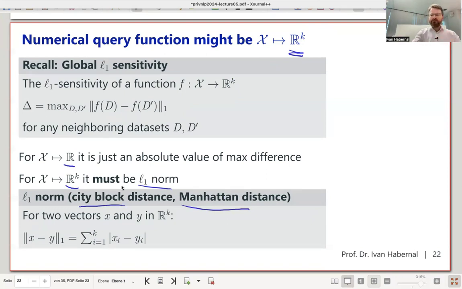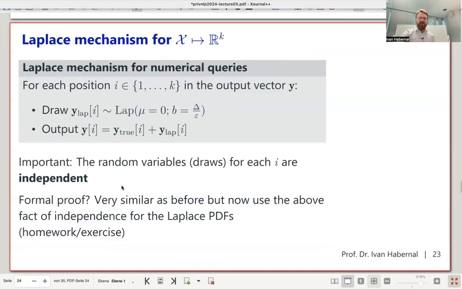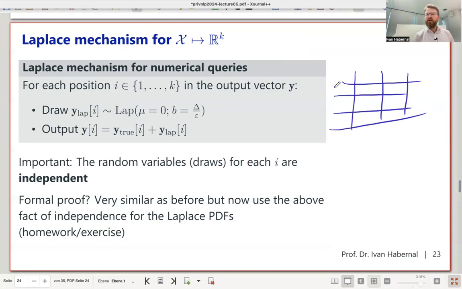Okay. And how do you do the Laplace mechanism for multiple output or a vector output? Is that for each position of the output? So let's say we have a table with the same usual suspects, Alice, Bob, Charlie, and so on. And there will be age and there will be income.